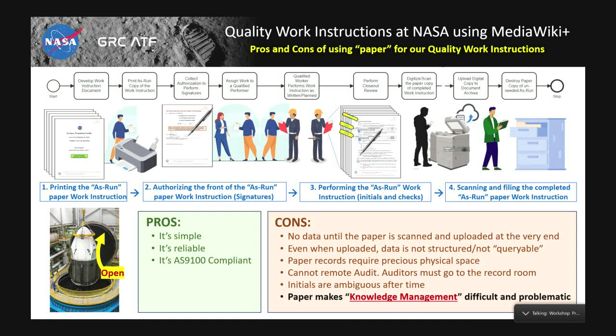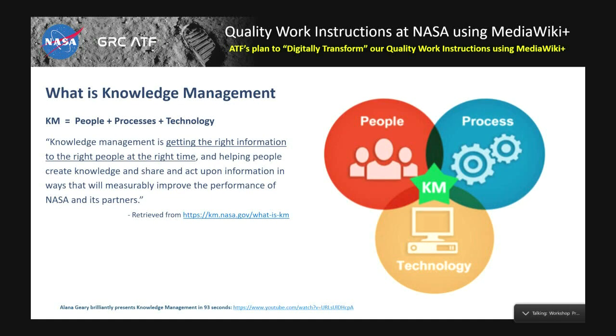And so more and more we find ourselves in a situation where the shortcuts or the convenience that we took in doing the quality work is becoming an encumbrance down the road when we're trying to take credit for that work. So we want to talk a little bit about what knowledge management is. I don't want to spend too much time, this is very high level, but in a nutshell, for us, knowledge management is about three things: people, processes, and technology.